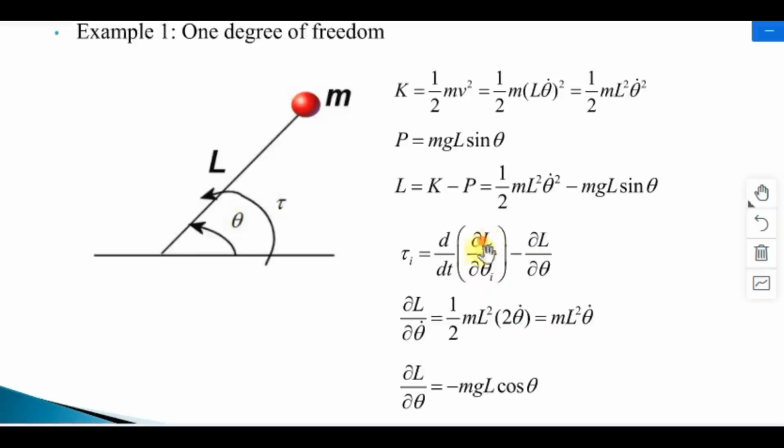So calculate del L by del theta dot: half m L square, 2 theta dot derivative, so 2 theta dot equals m L square theta dot, and del L by del theta equals minus mgL cos theta.